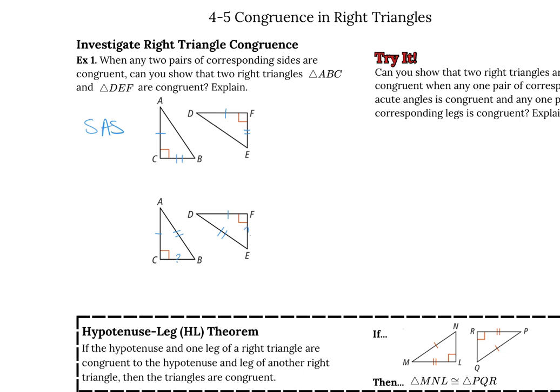using Pythagorean theorem. So again, our Pythagorean theorem is a squared plus b squared equals c squared, where our c squared is the hypotenuse side, and then our other two are just the other two sides.